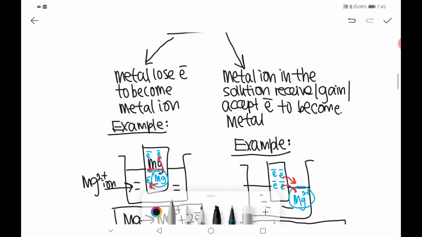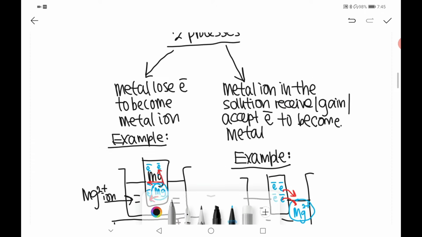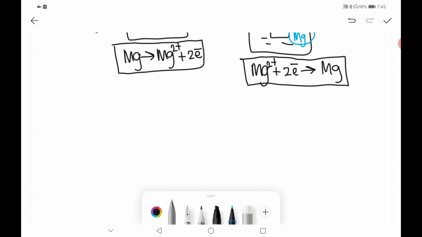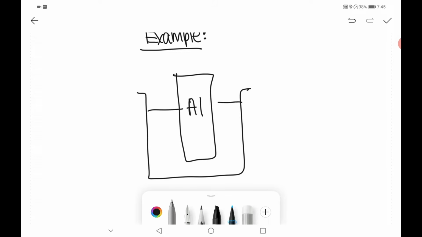I will show you one more diagram. Let me use another diagram for demonstration. No worry, you don't need to know how to draw this diagram, you just need to know what is happening. Let's say we have a piece of aluminium and also solution. The solution got aluminium ion. So here two processes are happening.